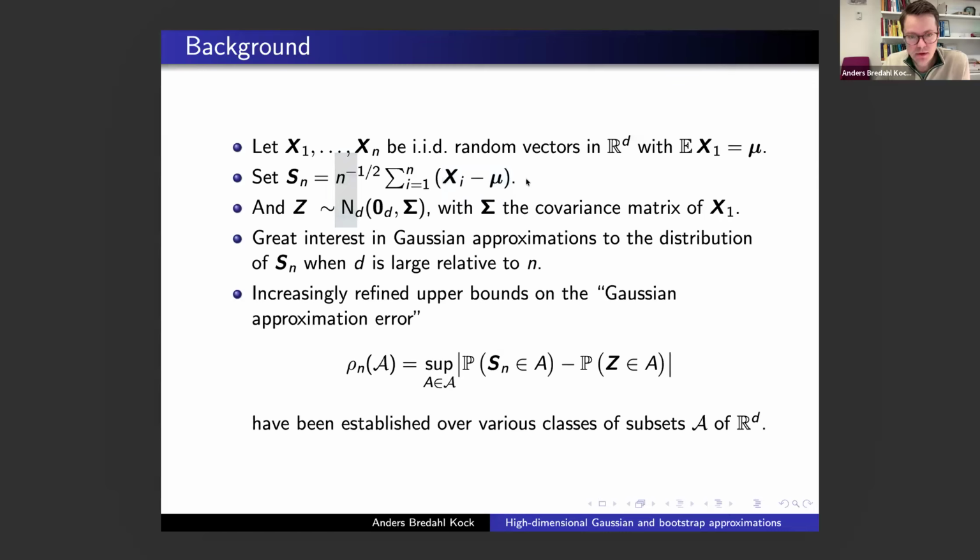It's well known by the central limit theorem that Sn converges in distribution to a normal with a mean of 0 and a variance-covariance matrix being that of x1. Recall, we're here in an IID setting.